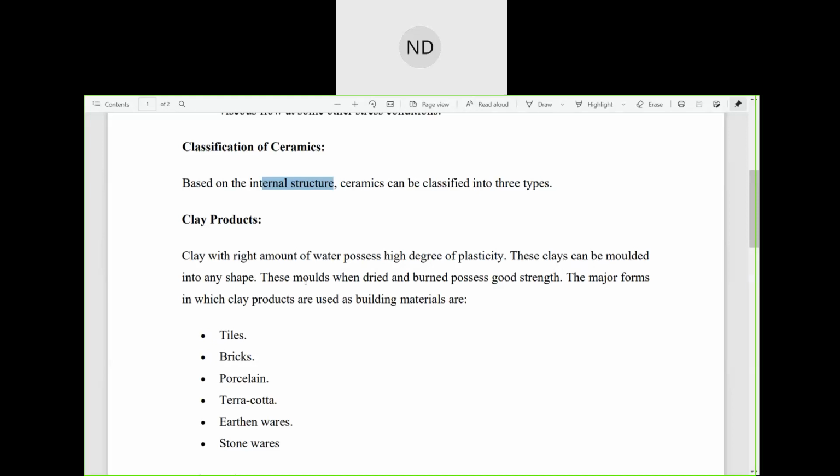These molds, when dried and burned, possess good strength, and can be used on your roofs also.